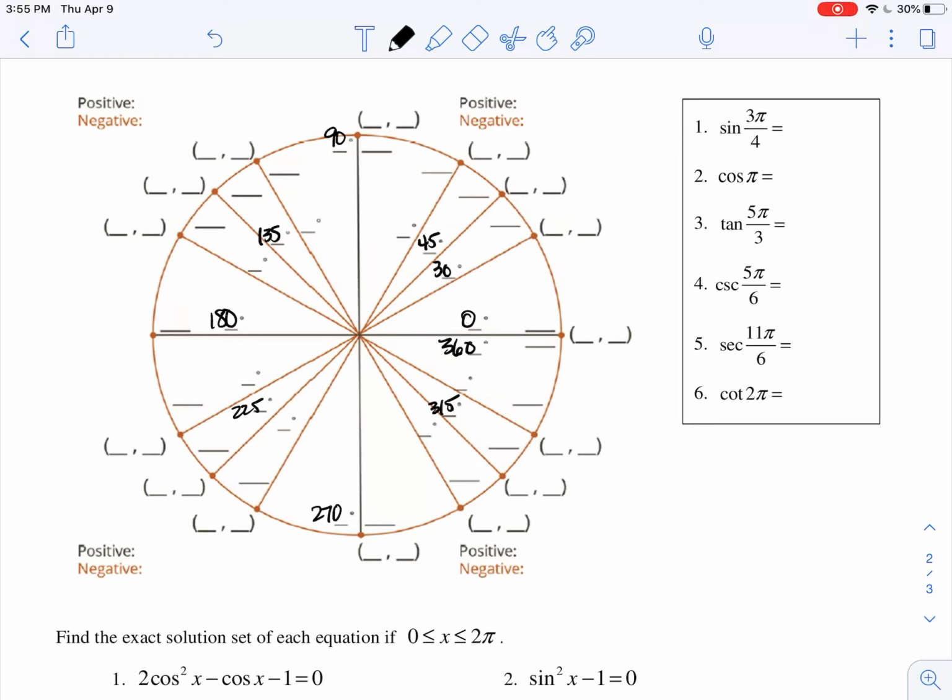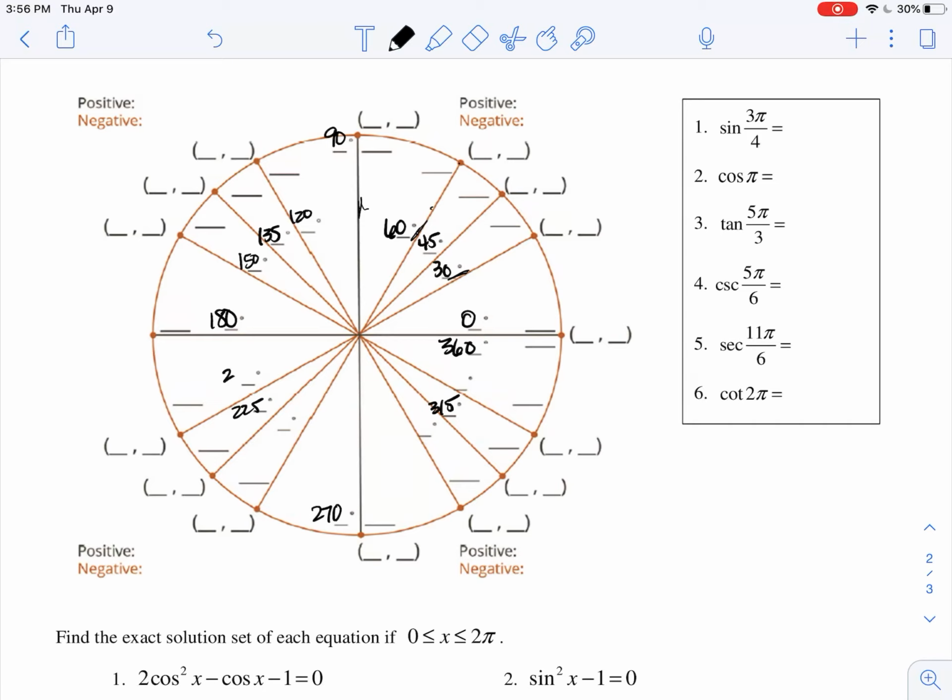The next thing I want to do is divide it by 6. This angle here is a 30-degree angle, so this is 1/6, and the next one will give you 60 degrees. I'm just going to be adding 30 every 30 degrees.